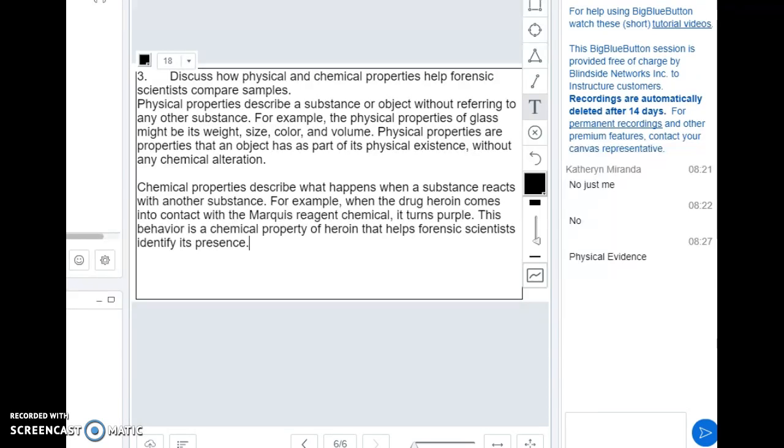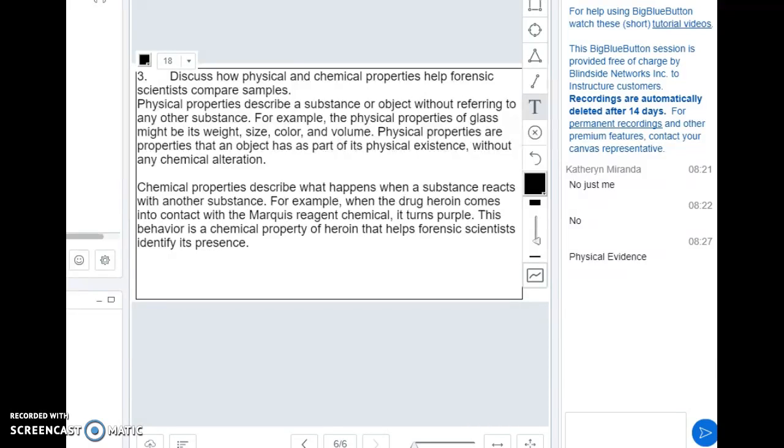All right, so think about it this way. Let me help you out. Physical properties like fingerprints are all going to have specific characteristics like size or ridges. Scientists are going to look at all of these physical properties with this evidence. They're going to use that as part of the evidence, all the details.